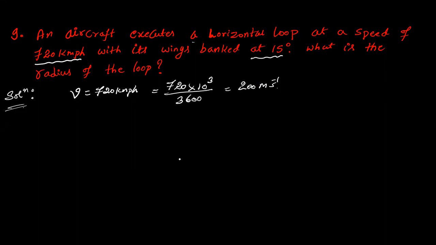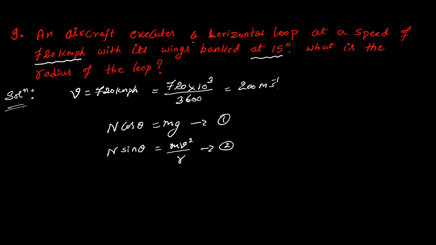It is executing a horizontal loop. So what is the normal force on the wings? According to the vector resolution, the N cos theta will be acting towards the mg, and N sin theta will be balanced by the centripetal force, that is mv square divided by r. Equation 1 and equation 2. We have derived this when a car is taking a curve on the road.